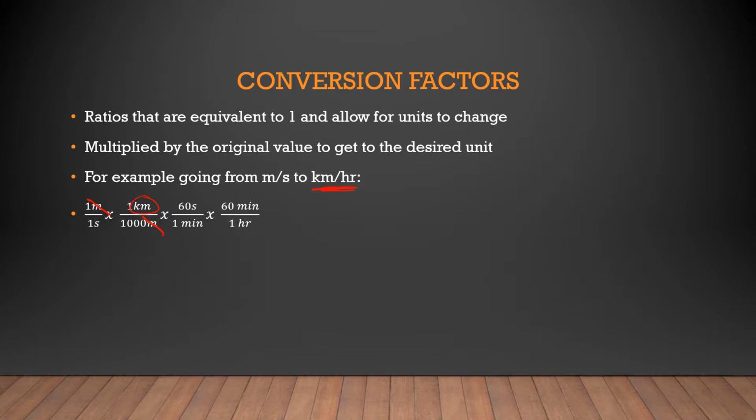The other conversion would be going from seconds to hours. We know that 60 seconds is equivalent to 1 minute. This has a value of 1, and we can cancel out our units of seconds. But now we're left with minutes. We don't want minutes, we want hours, so we have to do one more conversion.